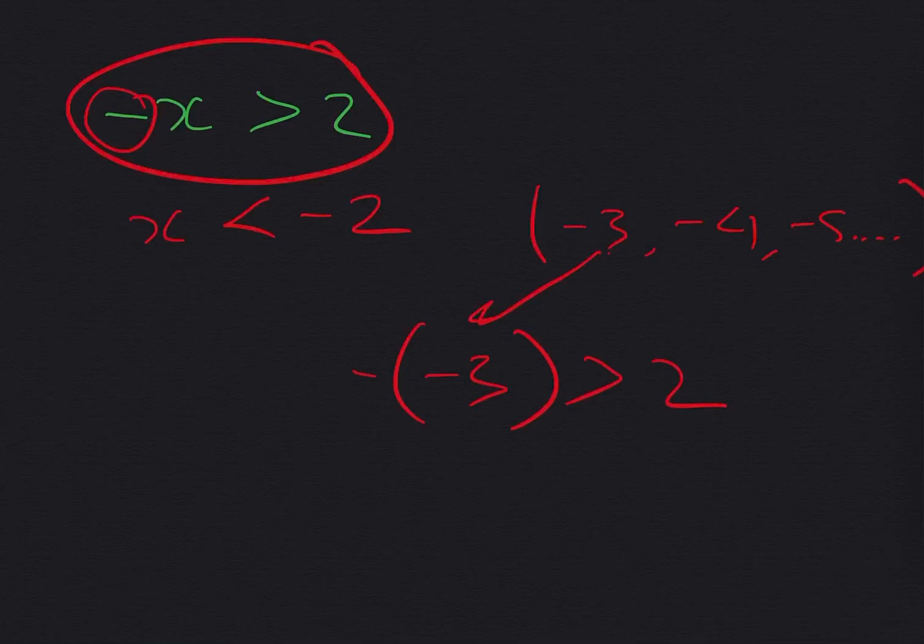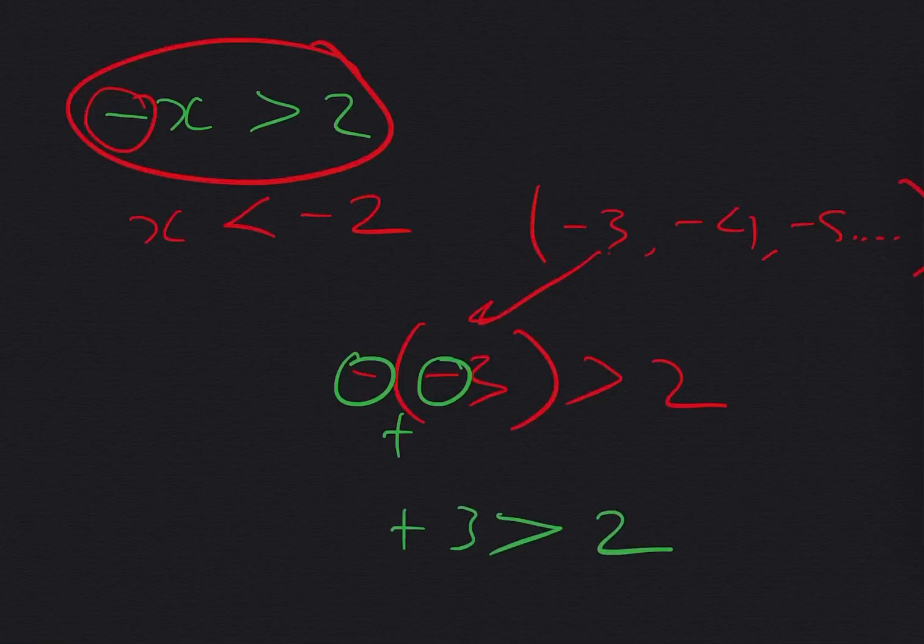Is this right? Well, my negative and my negative make a positive. So I end up with positive 3 is greater than 2. That's true. Yeah, 3 is bigger than 2. So it works as long as we do this trick where we flip the sign if we've got a negative in there. Okay? And that's inequalities.